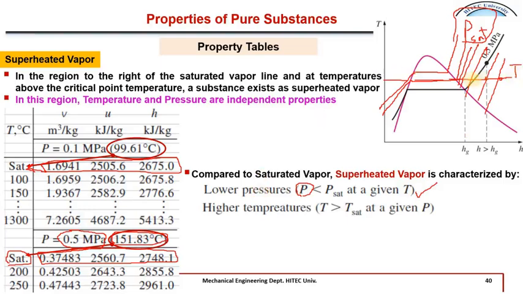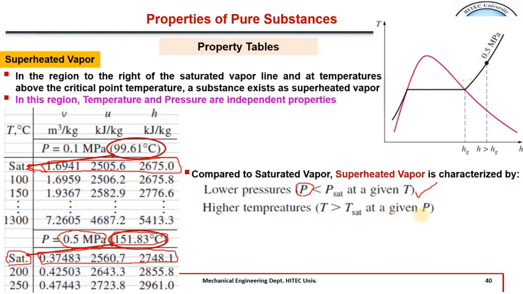So at all these points, because it is in the superheated region, this temperature must be higher than T sat at a given P. Let me show it for a given P. Now I will explain the second characteristic.